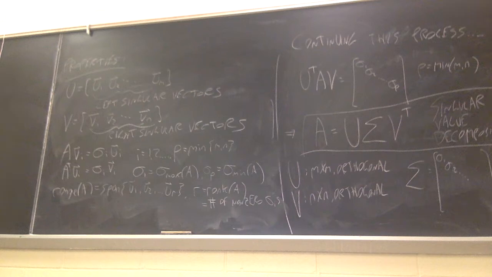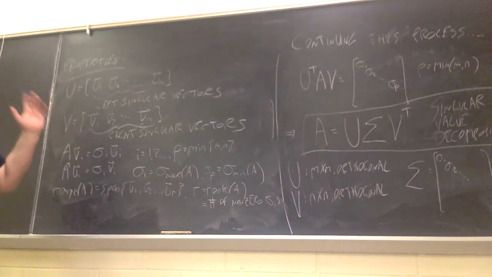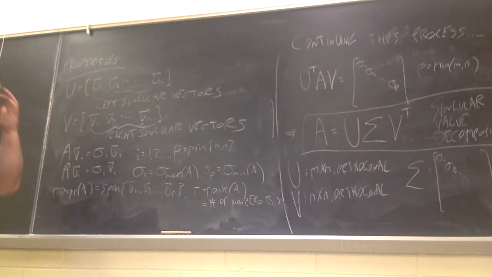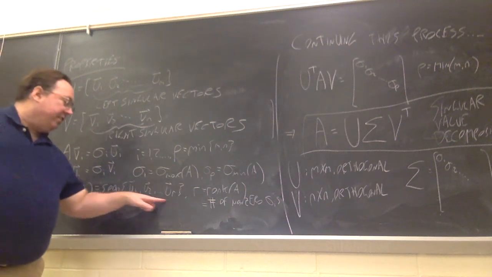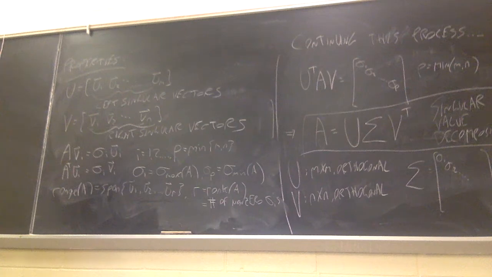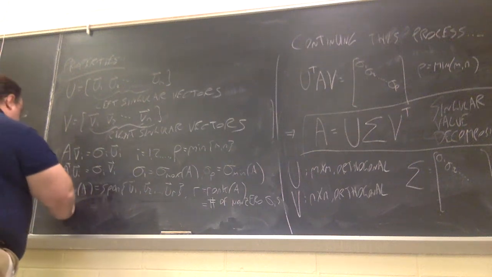Okay, so once you have the singular value decomposition, you can read a lot of properties right off of it. You look at how many non-zero singular values you have, that's the rank. So that many left singular vectors, the first ones, 1 to r, form an orthonormal basis for the range of A. You can also describe the null space of A.